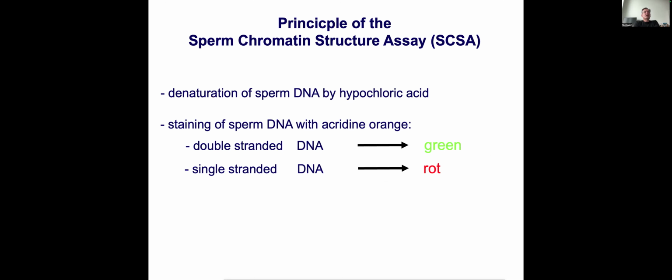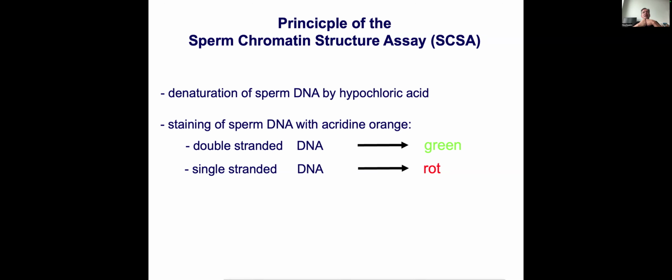At first, when we are doing this staining, we are using hypochlorite acid to denature sperm DNA. And this stress causes some of the sperm who are sensitive to show then a single-stranded DNA. The stable sperm still show a double-stranded DNA. And we are using for the staining acridine orange.